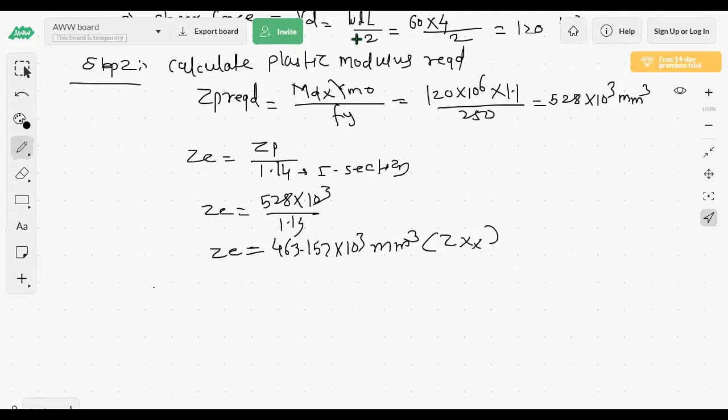Please fast. ZXX we have to take, the modulus of section ZXX. So see the ZXX value greater than this 463. Look for a ZXX value greater than 463, for an I section.